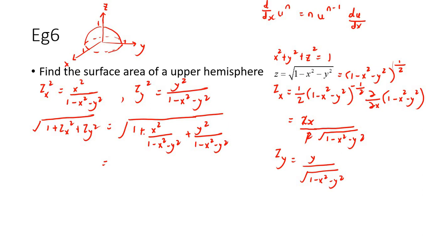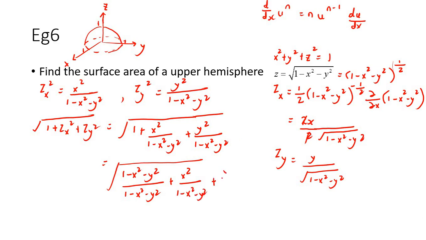So combine these three as one function. The 1 we multiply by 1 minus x squared minus y squared divided by 1 minus x squared minus y squared. Okay, we have the figure here: 1 minus x squared minus y squared plus x squared over 1 minus x squared minus y squared plus y squared over 1 minus x squared minus y squared.